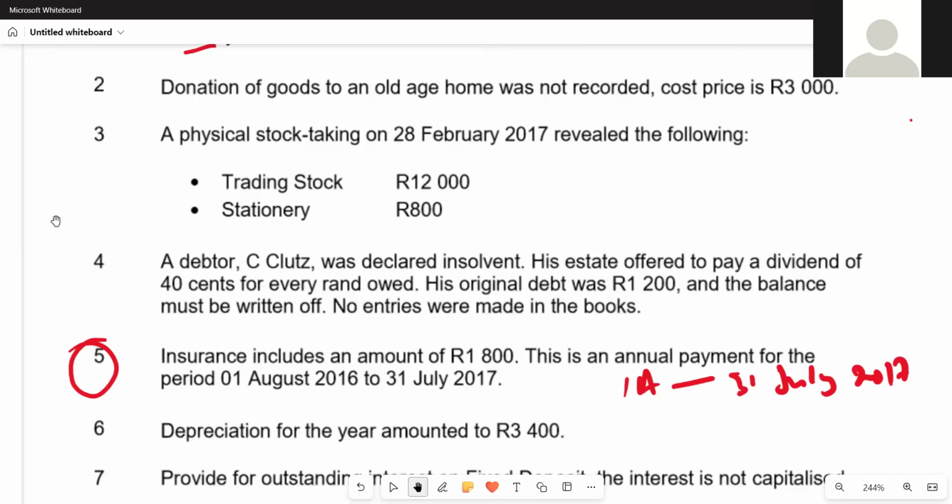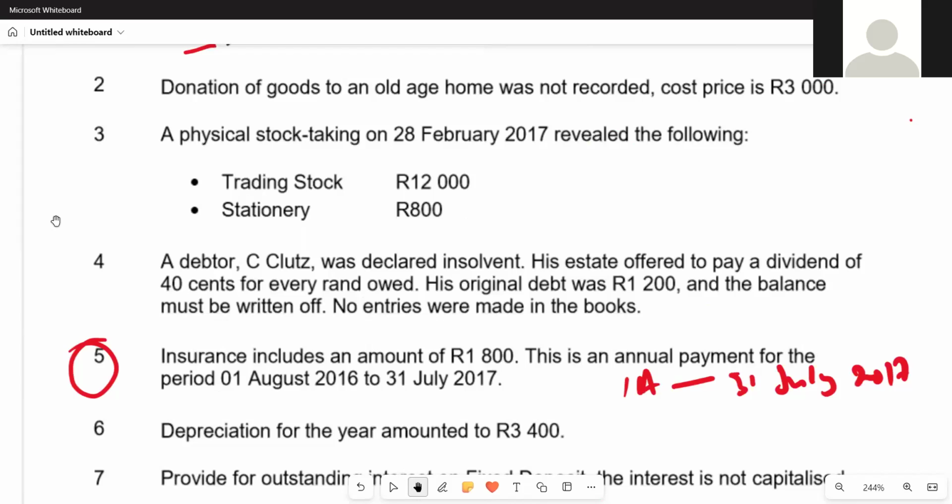So I'll go there in the other section and just summarize this working. So what we are saying here is trading stock deficit.